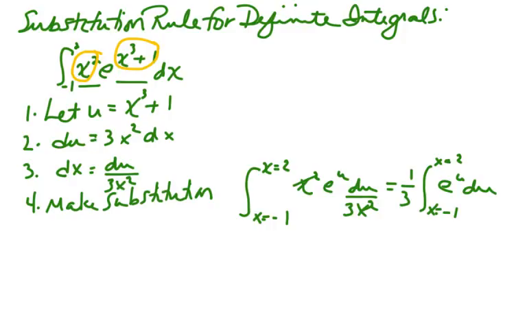So remember, this is the function that we defined when we let u equal x cubed plus 1. That's really g of x. So what we're going to do to change the limits of integration, which is our fifth step, is plug the x values into this function g of x and get them in terms of u.